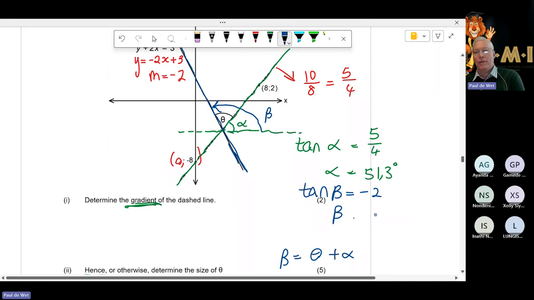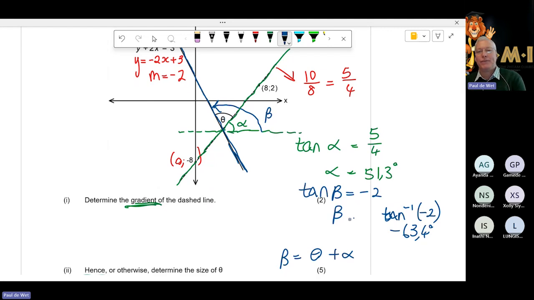Inverse tan of minus 2. If you go inverse tan of minus 2, I'll tell you that you get minus 63,4 degrees. So what size is beta then? Well done. So beta is 116,6 degrees.